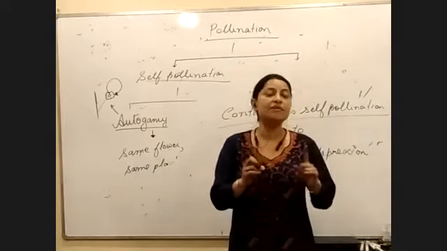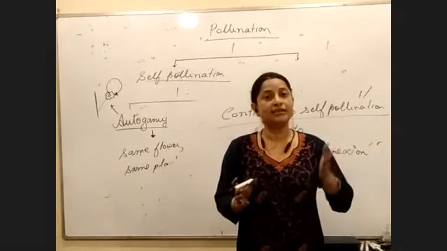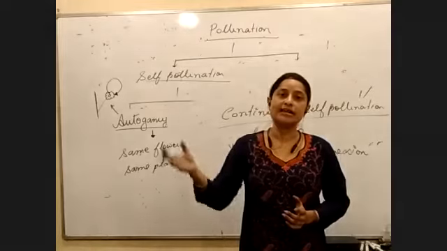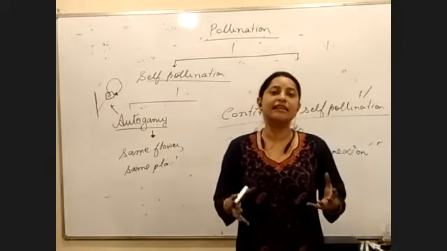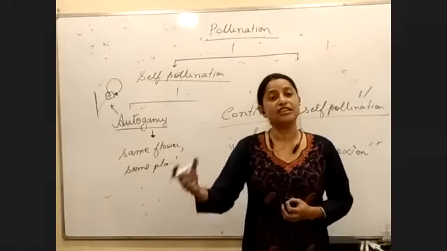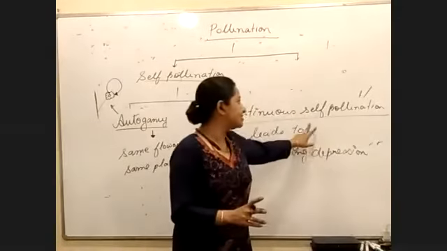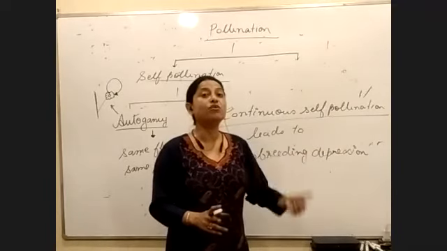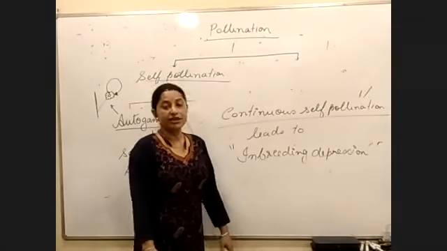So if we are comparing two offspring, one of a plant that has undergone self-pollination for ages and another that has undergone cross-pollination, which one will be biologically fit? Obviously, the cross-pollination offspring will be more biologically fit. Continuous self-pollination will decline the quality of the offspring, and that is what is called inbreeding depression.